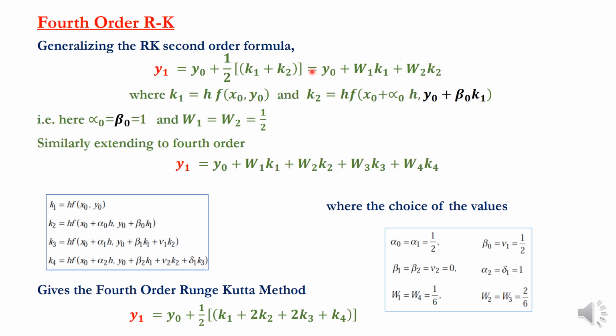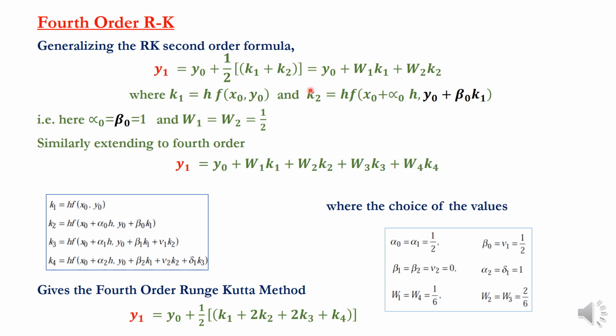Now we generalize this like this: y0 plus w1 into k1, that is some constant or some function, plus w2 into k2, where k1 is equal to h into f of x0 y0 and k2 is equal to h into f of x0 plus alpha0 times h in general, comma, y0 plus beta0 times k1 in general.